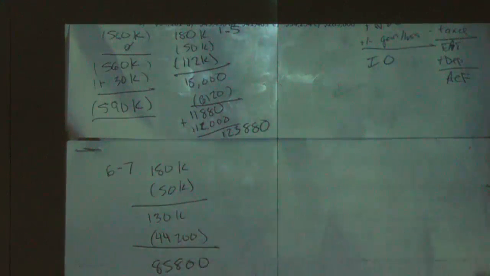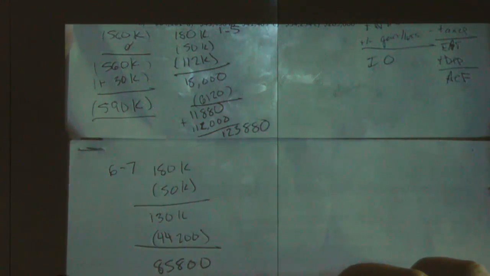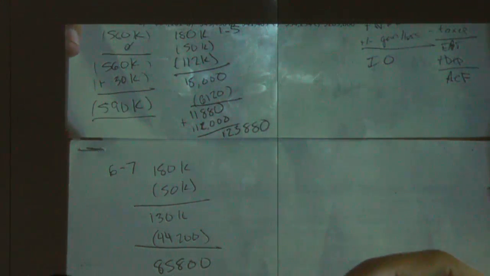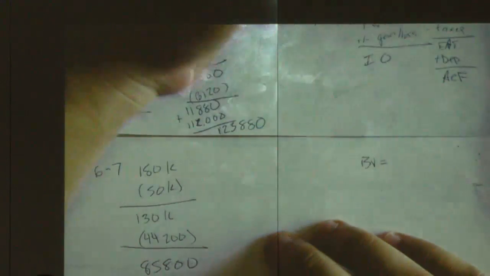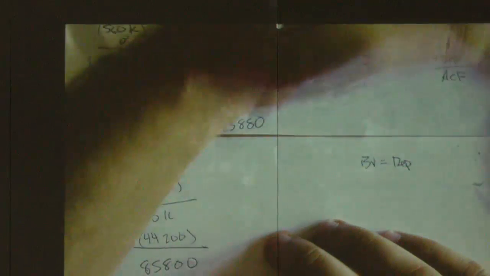The first thing you want to do is find out how much your book value is of this asset. So off to the side, we're going to find our book value. The book value is going to be your depreciable base minus how much you've depreciated.